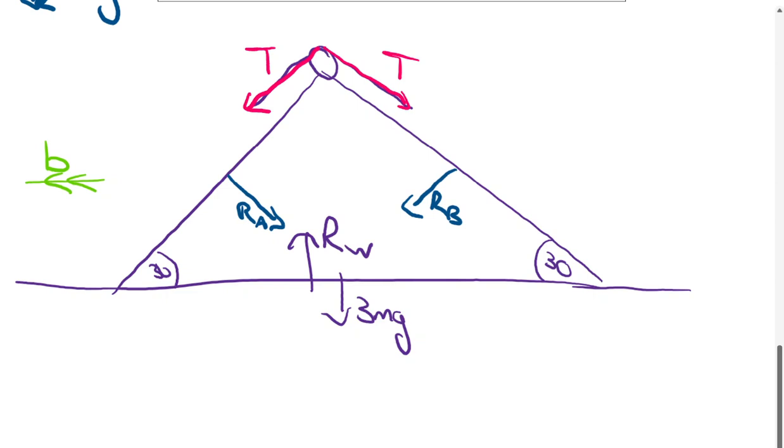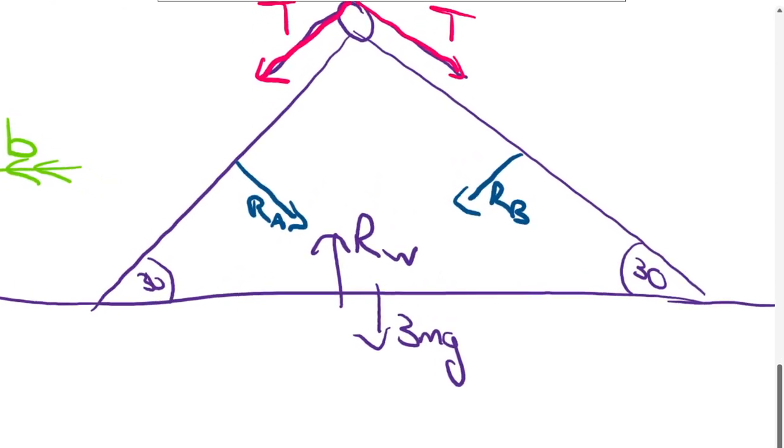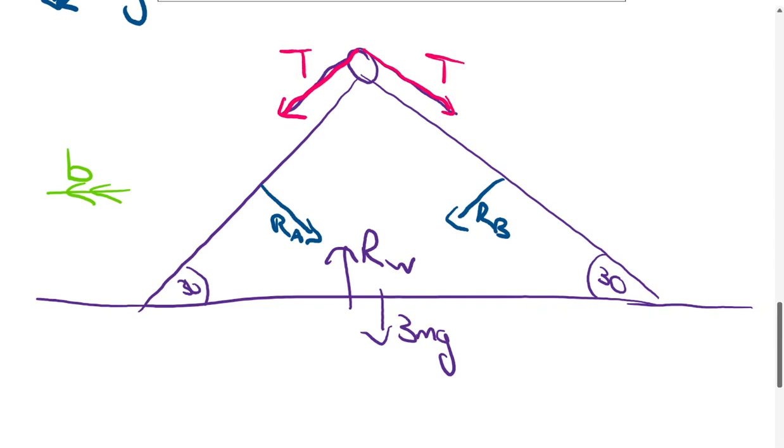So what's going on now is we have to decompose anything here into horizontals and verticals. So I'm going to look at the R_A first of all. I'm just going to get this and move this over here. So we just edit away.